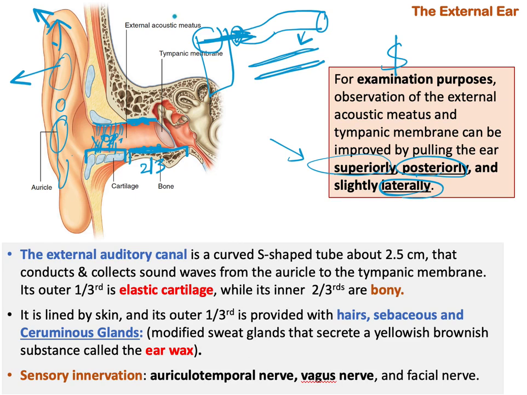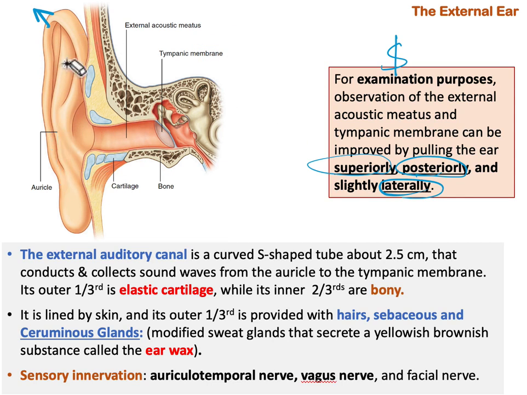Okay, now before we finish the external acoustic meatus, let us define the innervation of this canal. We said that yes, the facial nerve here, and here we have the vagus nerve, and we mentioned there is a nerve here called the auriculotemporal nerve, if you remember, that innervates the auricle from this side anteriorly.